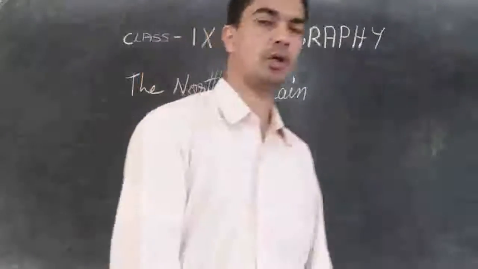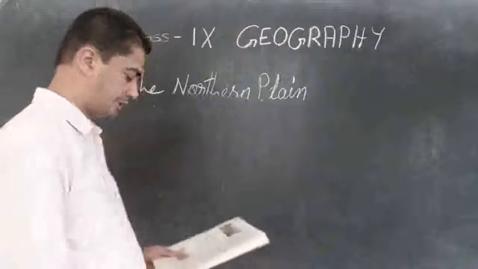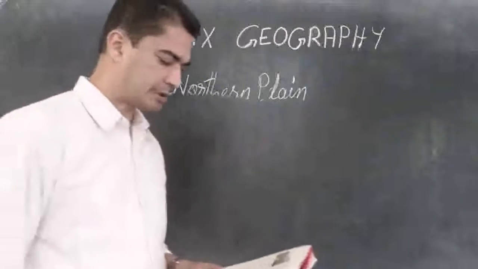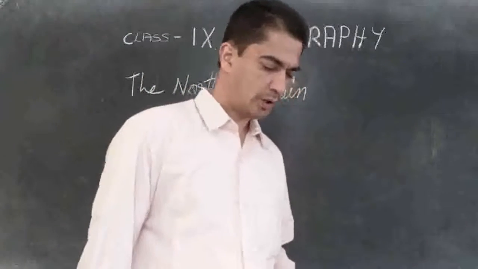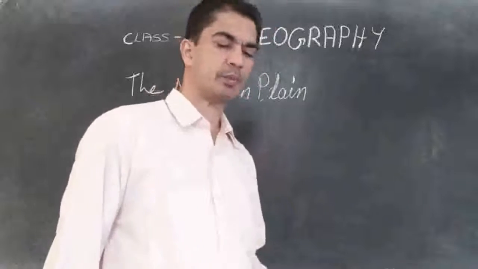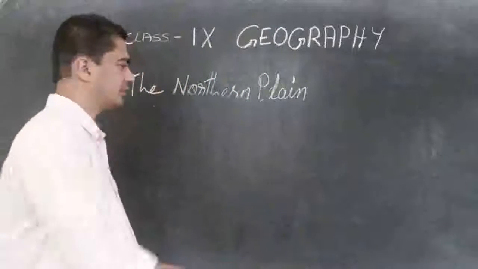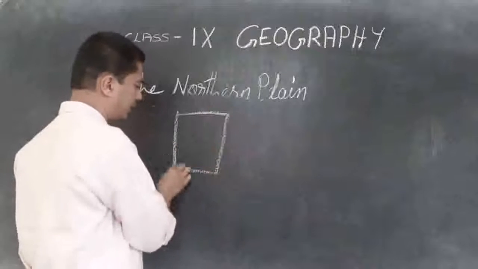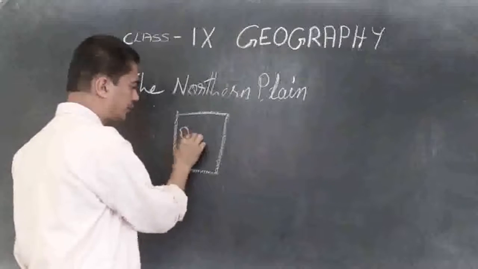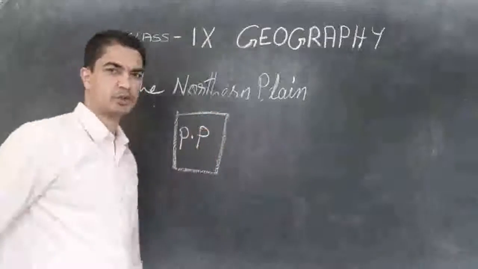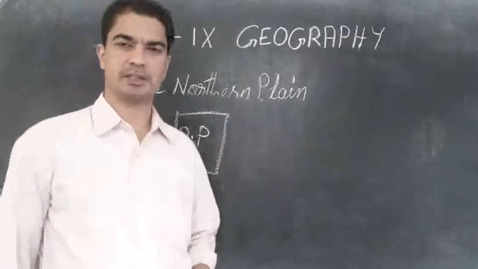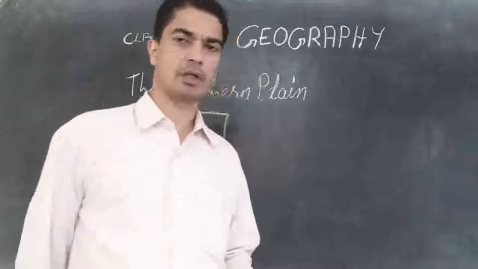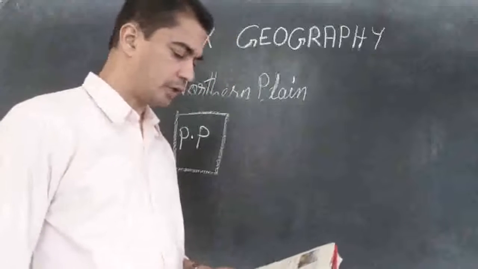The first one is called the Punjab Plains. Which one is the Punjab Plain? The western part of the northern plain. Where is the west? This side. So the western part of the northern plain is called the Punjab Plains. We will write it in short form.